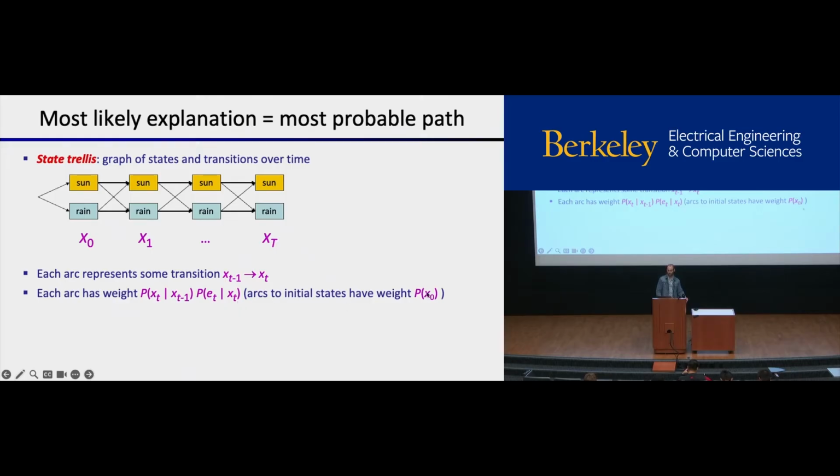So arcs to initial states have just the probability of that initial state. And the product of weights on a path is proportional to that state sequence's probability, or you could say the sum of the negative logs of the probability is within a constant of the log probability of the whole.